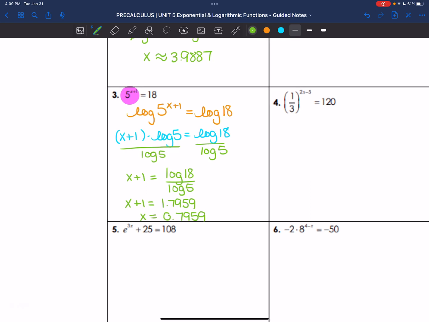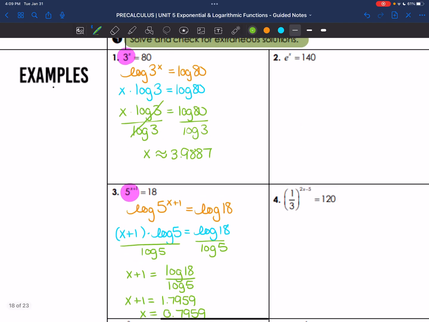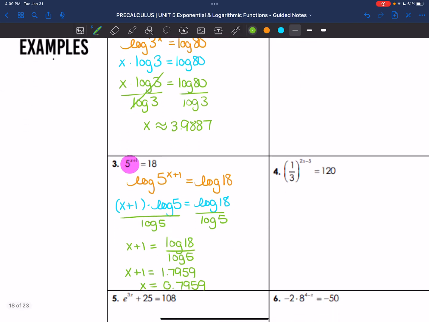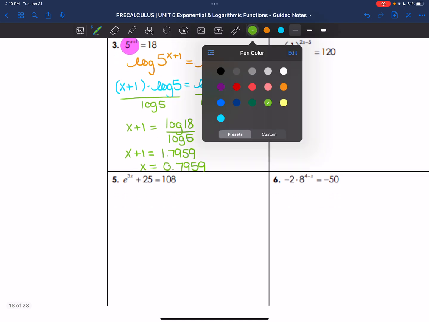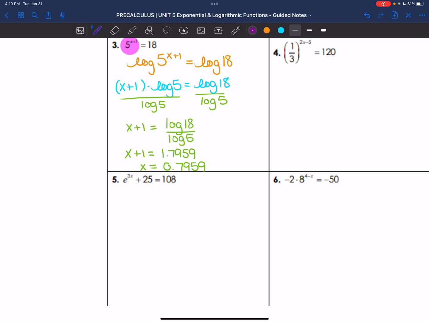Number 5 is just ever so slightly different because as you begin that step number 1, our exponential expression is actually not completely alone yet. So what we'll want to do is subtract that 25 on each side. Then we'll have e to the 3x isolated and equal to 83.